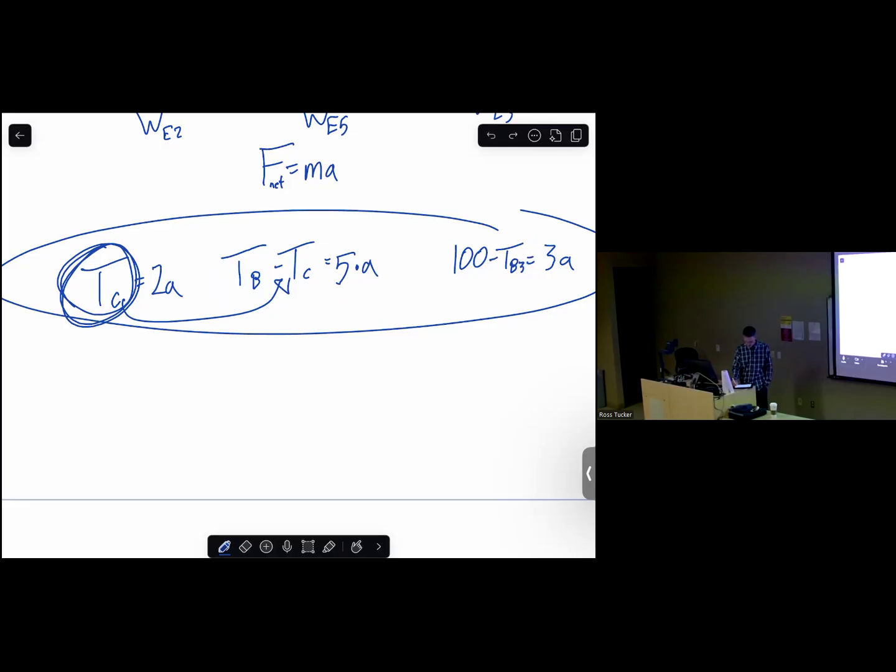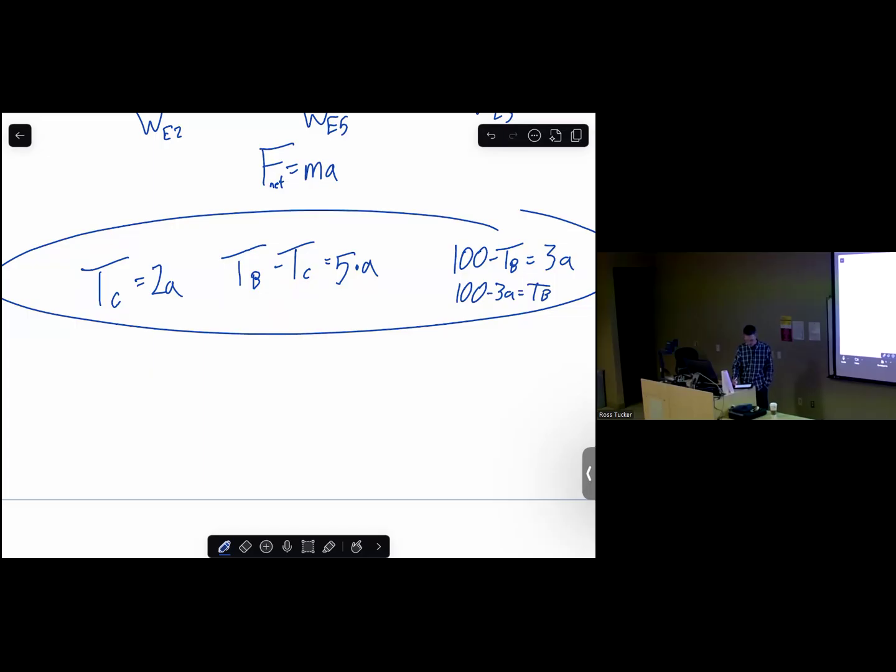So to do this, well, let's see, I don't have TB on the left side of the third equation. Let's solve for him. I add TB to both sides to get rid of the minus sign. And I'm going to subtract the 3A from both sides to get it away from TB. You could also subtract 100 from both sides and then flip both sides as signs.